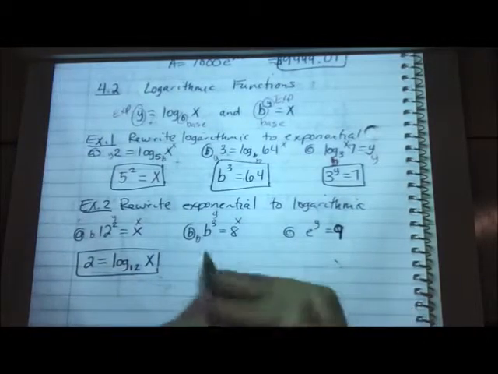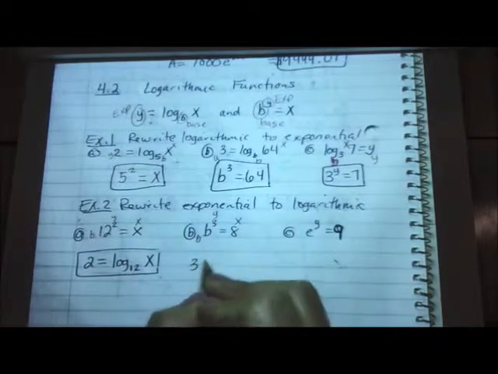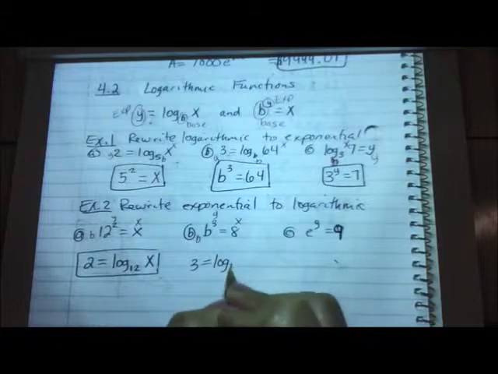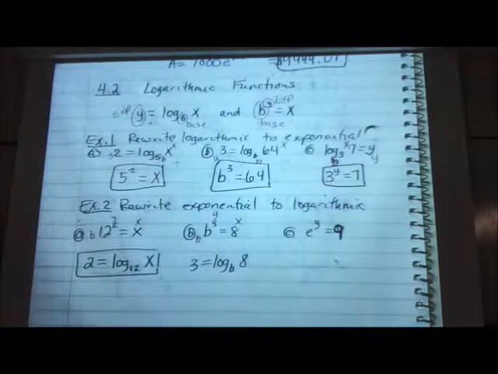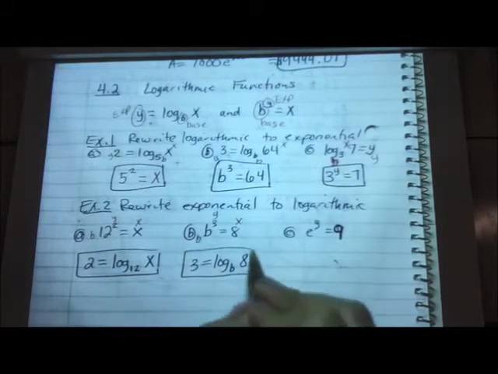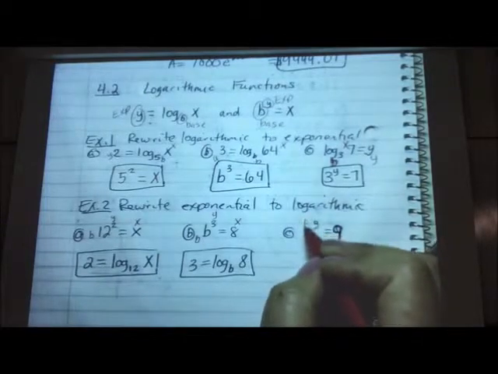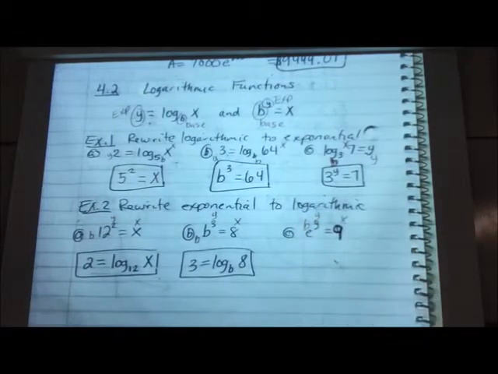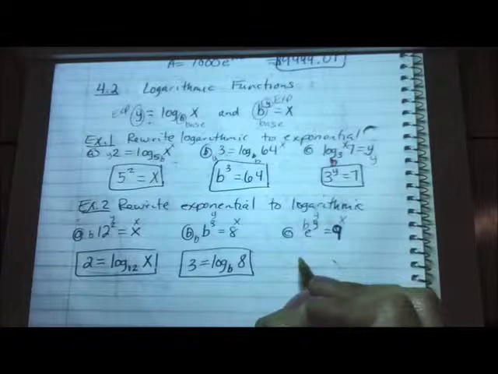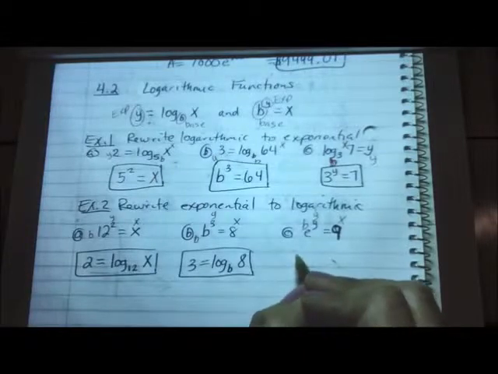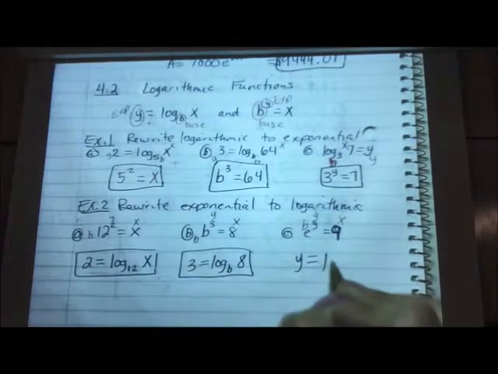So the next one would be 3 equals log b 8. Log base b of 8. And this is my b, my y, and my x. And this is y equals.